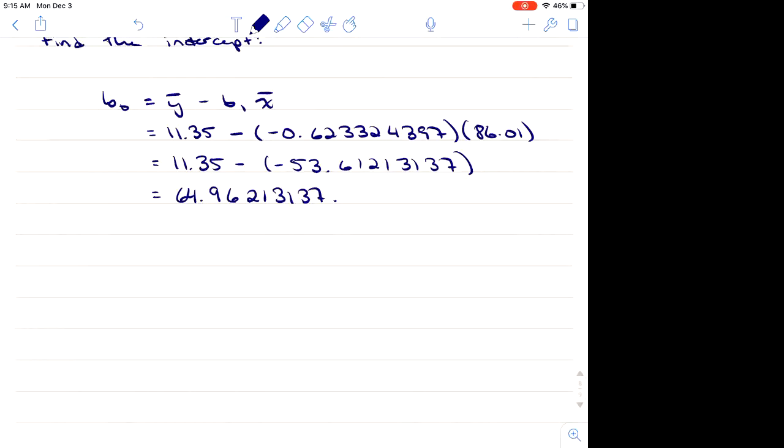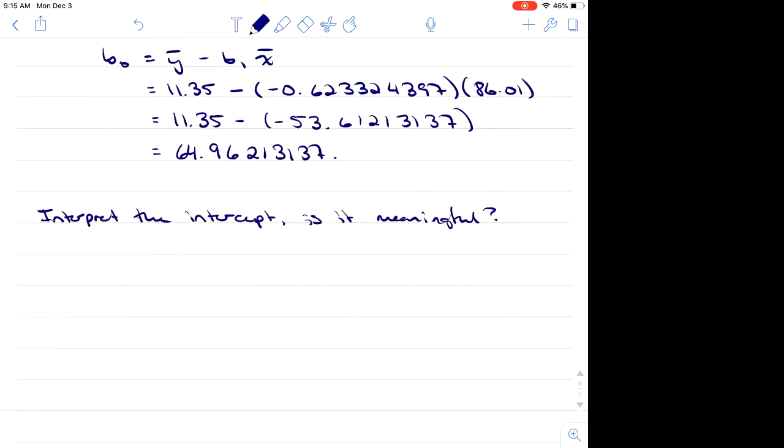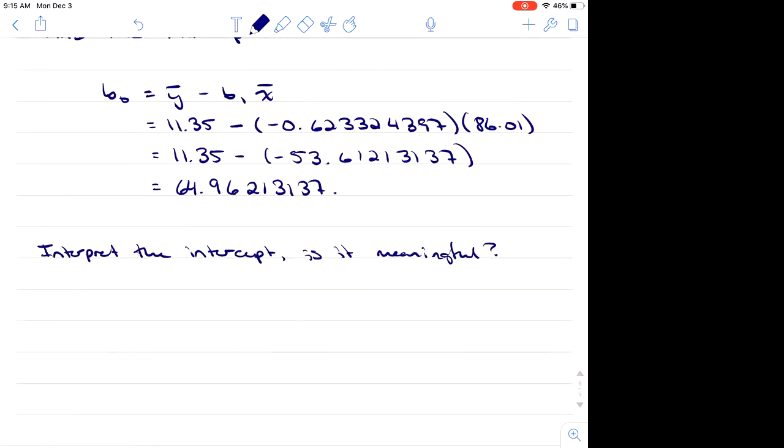But what if we have to interpret the intercept? Is it meaningful? The intercept, right, is the predicted value of Y when X is 0.